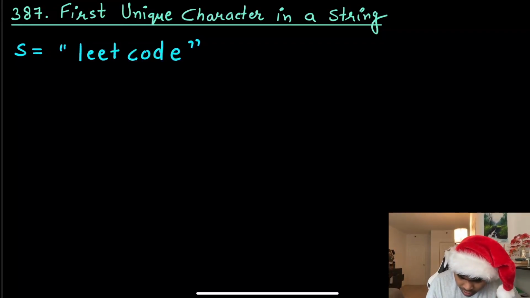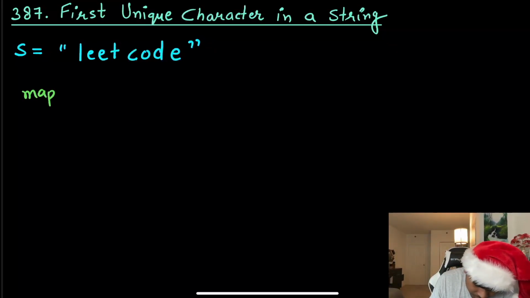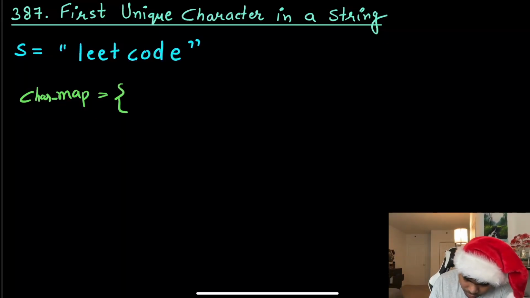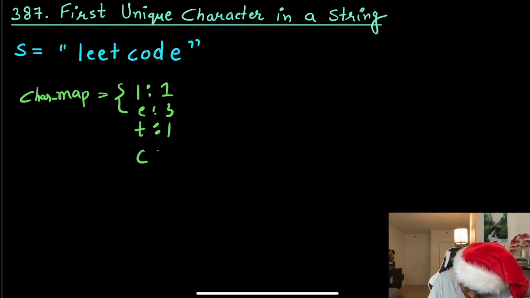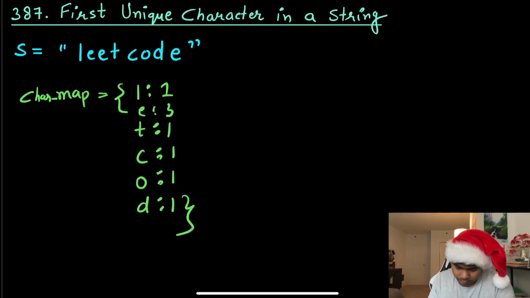So what I'll do is I will have a map, I'll call it char map, and in this I will be storing the count of each character. So L appears once, E appears 3 times, T appears once, C appears once, and so on. Here is my char map, and then I will use a for loop.